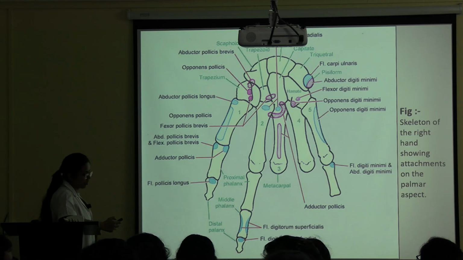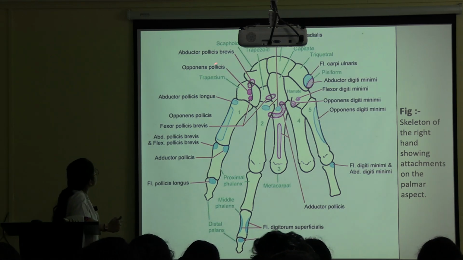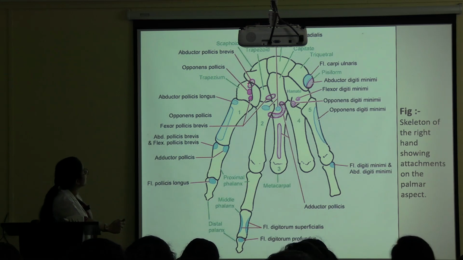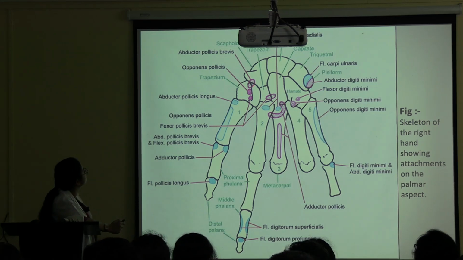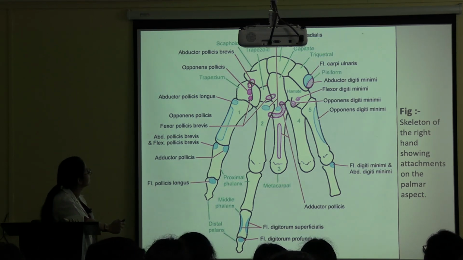So you can see abductor pollicis brevis. Can you tell me from which bone it is originating? In which bones is the circle present? Trapezium, and what is this bone? Scaphoid.